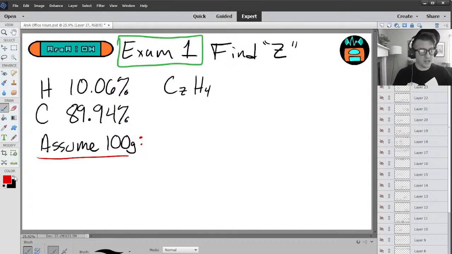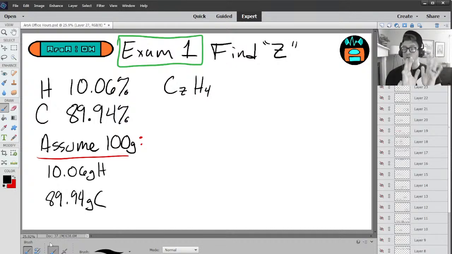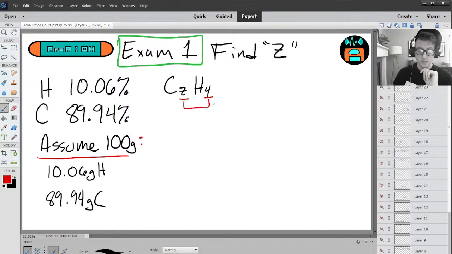If we had 100 grams of this compound, we'd have 10.06 grams of hydrogen and 89.94 grams of carbon. Now, here's why this is useful. The ratio between the number of hydrogens in this formula and the number of carbons, which I'm trying to figure out, is a mole to mole ratio.